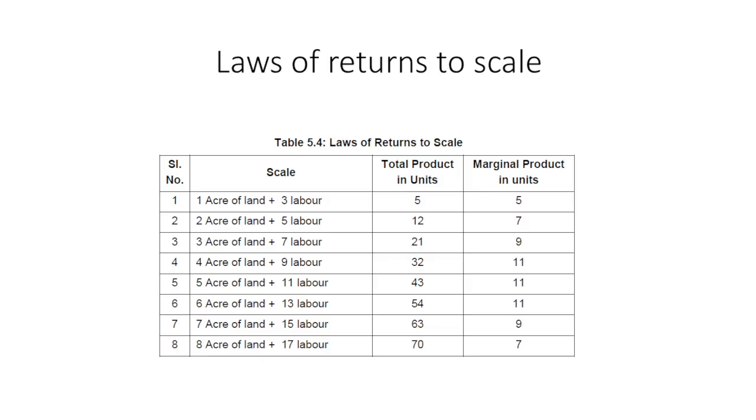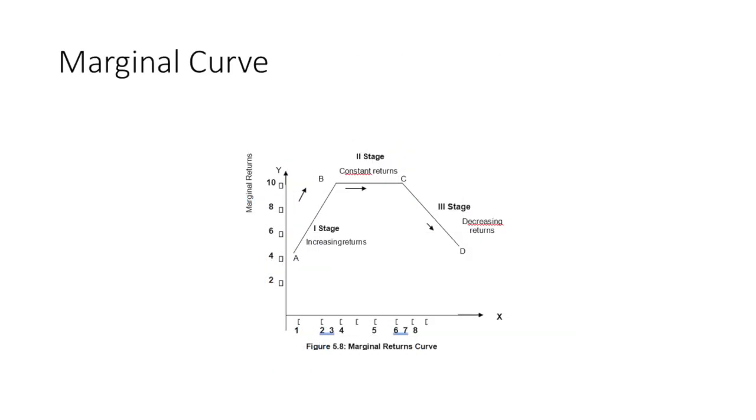You can see this is increasing returns to scale, then constant returns to scale, then 7 and 8 are the decreasing returns to scale. We can see this is the marginal curve. There are 3 stages. From the tabular column we have seen that there were three steps, with corresponding stages.